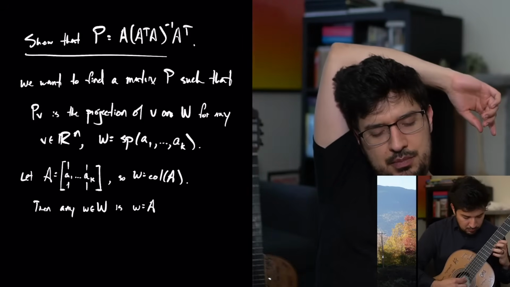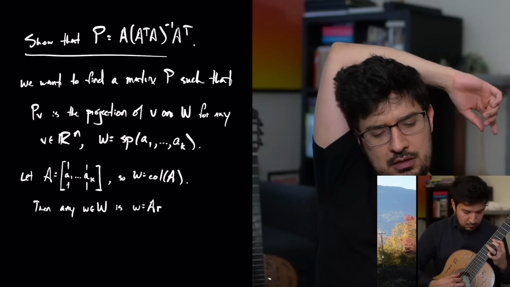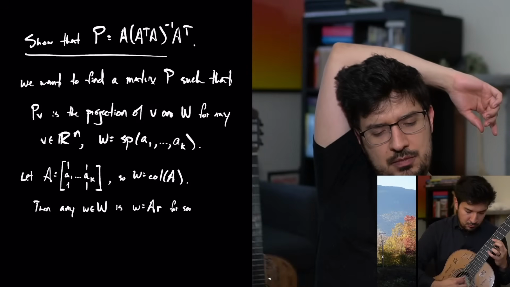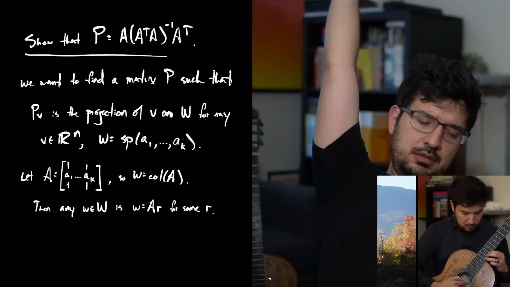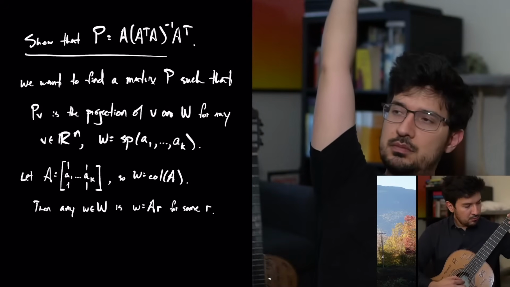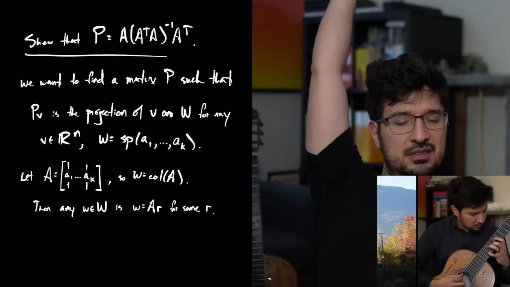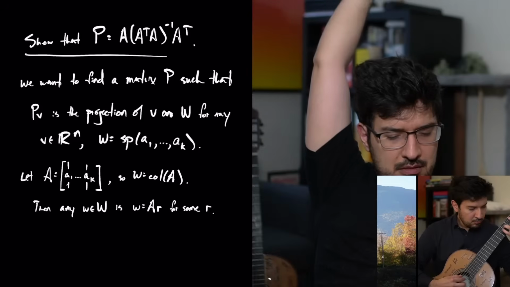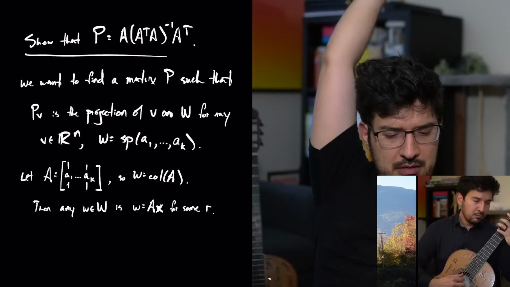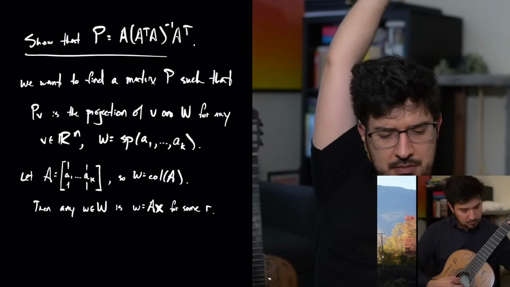I believe that the book uses AR, for some column vector R. Or AX? I would use X here, for some X.